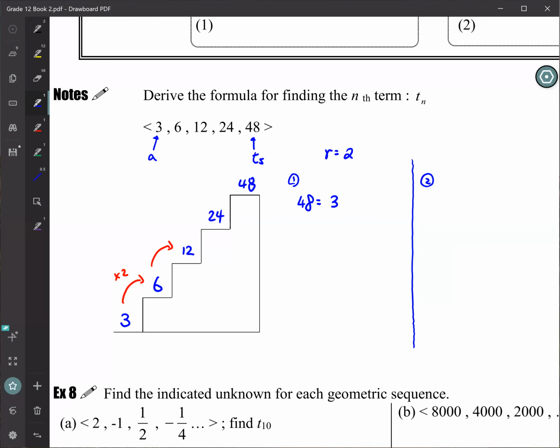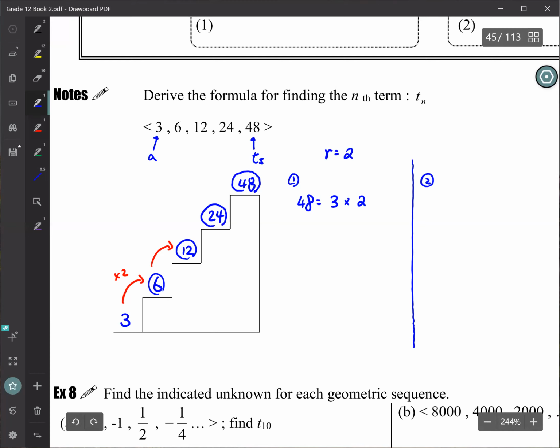So if I want to make 3 become 48, I have to keep on climbing upwards, and each time I multiply by 2. Multiply by 2 once, I get to 6. Again, I get to 12. Again, 24. And again, 48.